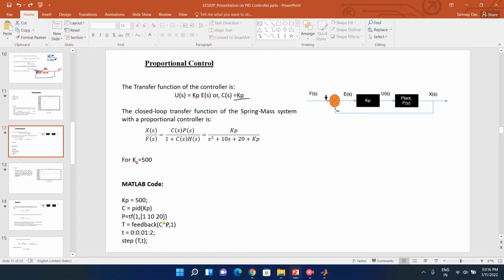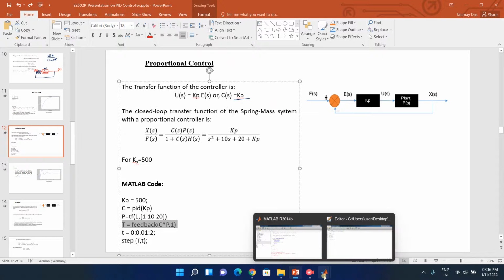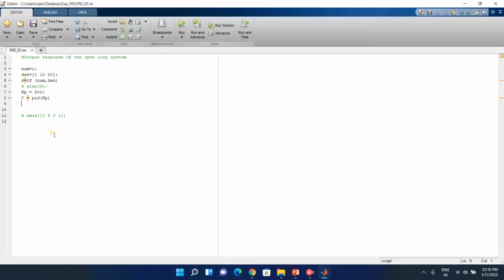So we will multiply the transfer function with PI. Okay, then we will do it like this. The total transfer function is G. I am repeating once again: the transfer function G is the open loop transfer function, with that we are multiplying the PID of the proportional controller. That transfer function is saved in C. So C is the value of the PID KP.